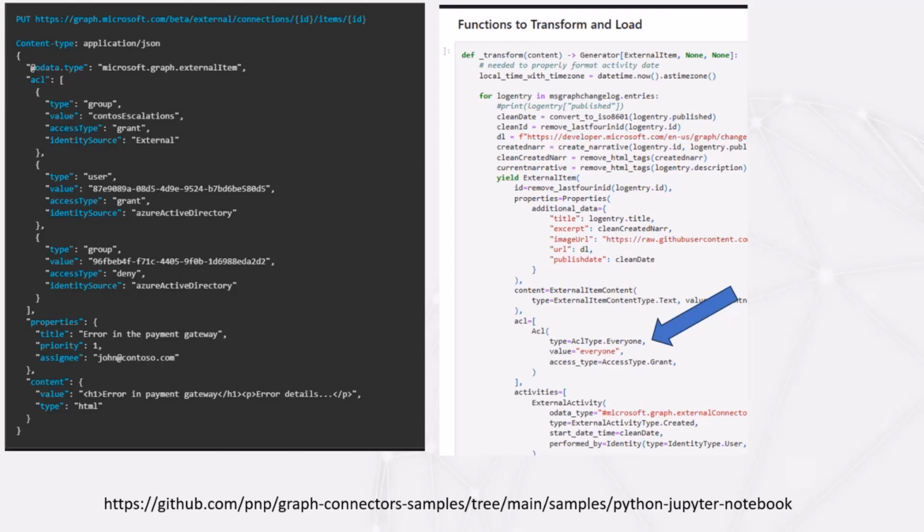But what if you're not using Entra ID, and you have another identity provider, a different IDP, whether it's Okta or something else, and it doesn't conform to Entra ID? We have the ability to do external groups as well.